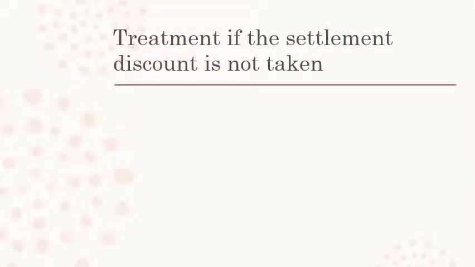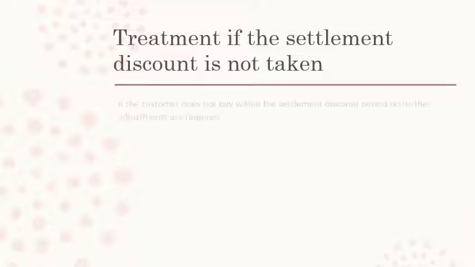Now we have two possibilities once the invoice has been issued. Either the customer will take that settlement discount by paying early, or they won't. We'll start with the situation where the customer does not take the settlement discount.